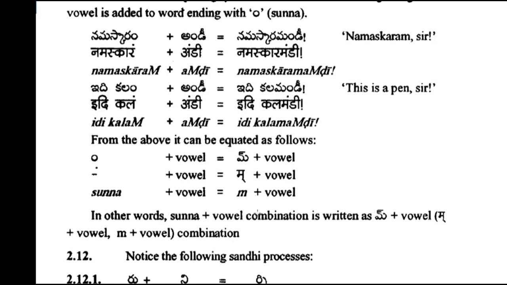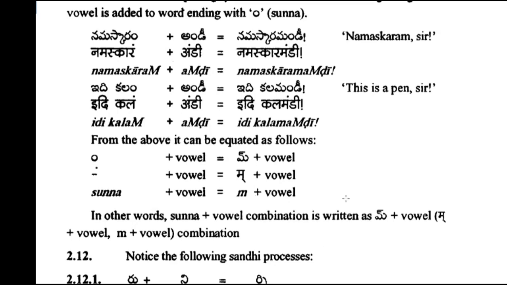It is not possible to combine consonants together. When there are vowel sounds, then only it is possible to combine. So it is very simple logic. Kalam plus andi: here it is a vowel sound, and this is also a vowel sound, so you can combine: kalamandi. With practice, you will easily understand those combinations.